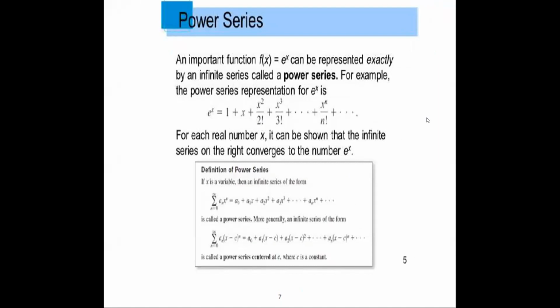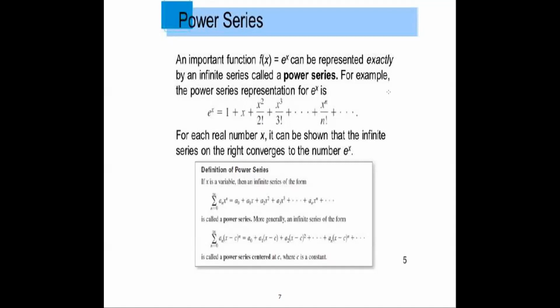So an important function f of x equal to e to the power x, as you all know from our school algebra or school mathematics course, can be represented as an infinite series like this: e to the power x equal to 1 plus x plus x square divided by 2 factorial plus x cubed divided by 3 factorial plus dot dot dot dot, and its nth term can be represented as x to the power n by n factorial.